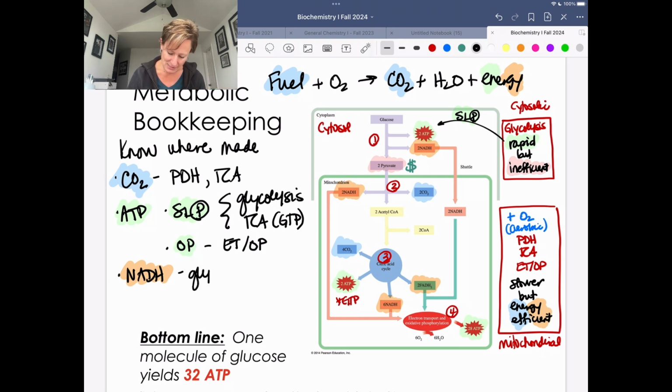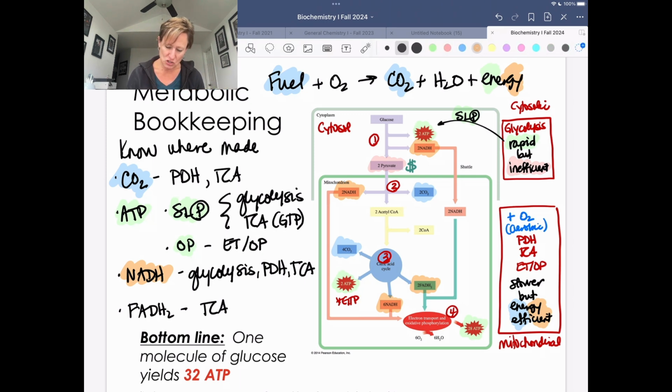So we've got glycolysis, pyruvate dehydrogenase chemistry, and then the citric acid cycle, and then FADH2. Again, we will learn more places where we find these, but for right now, the only place that we've seen FADH2 is the citric acid cycle.